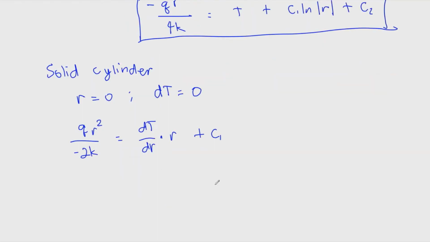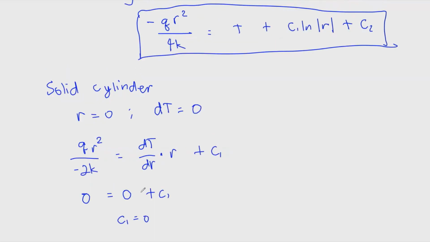So in this case, if r is equal to 0 and dT is equal to 0, what we have is 0 is equal to 0 plus c1, and c1 is equal to 0. So if we have a solid cylinder, this expression will be simplified into negative qr squared over 4k equal to T plus c2.